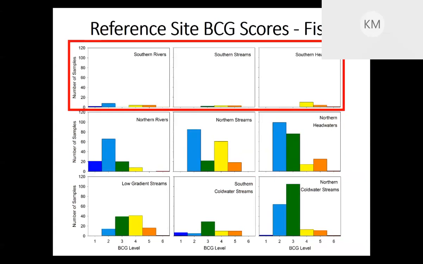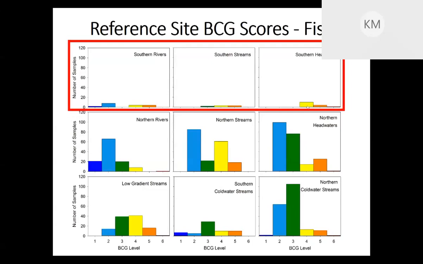This was something we discussed when we were developing the models. Where is that aquatic life goal? Some said maybe it's in 3, others in 4, but certainly by the time you get to 5, that's probably not attainment of the Clean Water Act minimum goal.